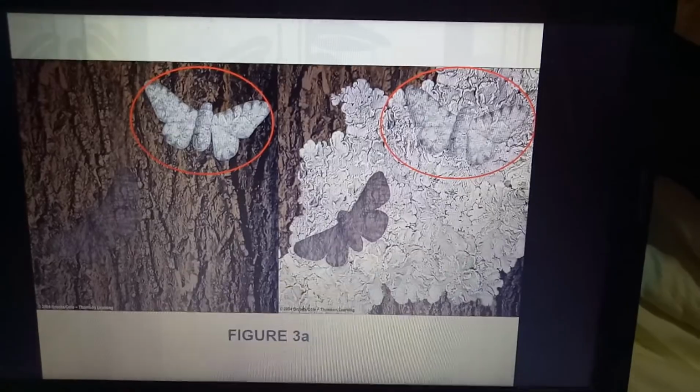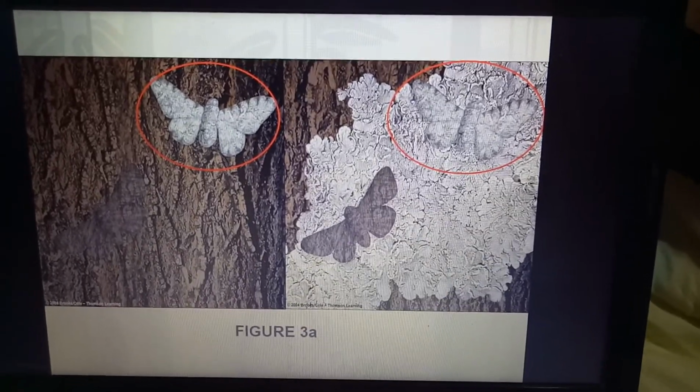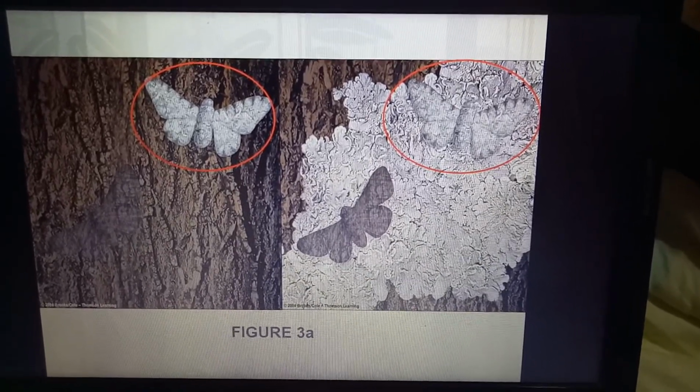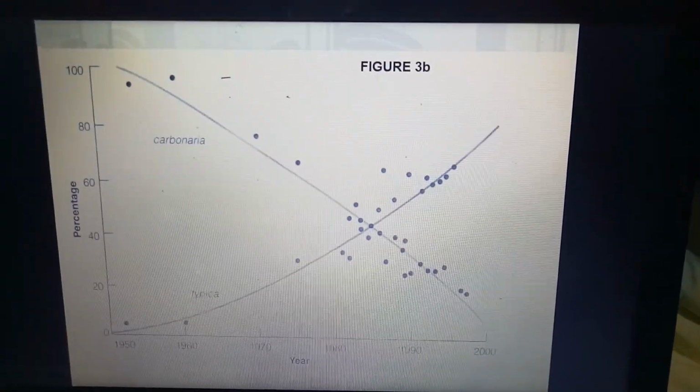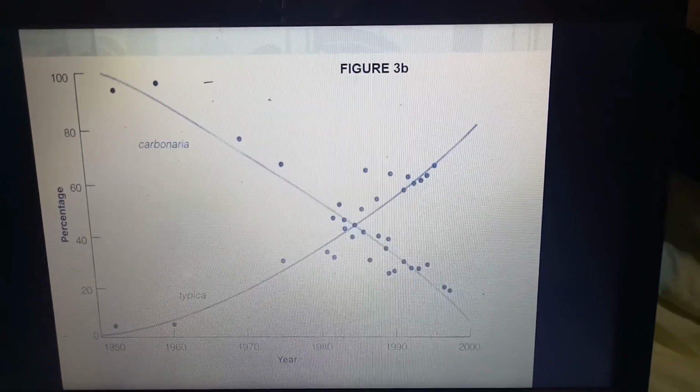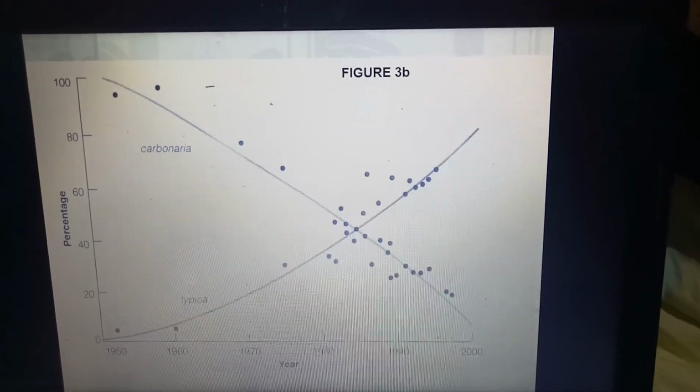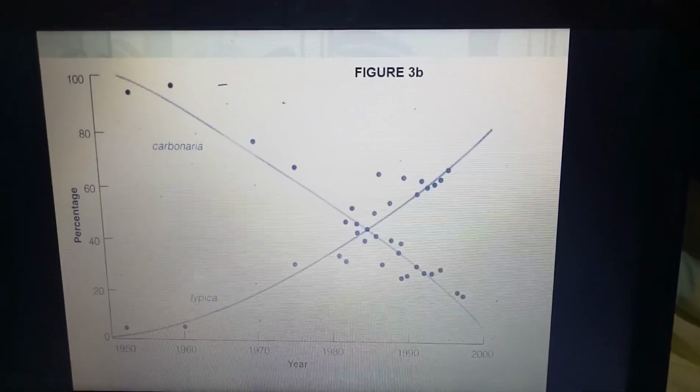Okay, I think you may understand what I've explained before. So this is a graph from the story about what I've told you before.